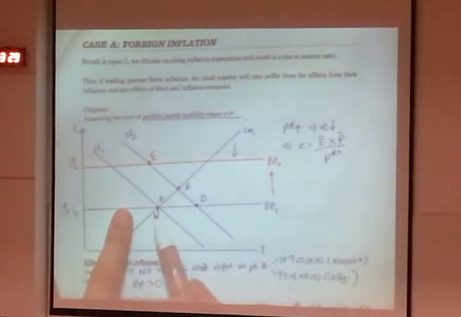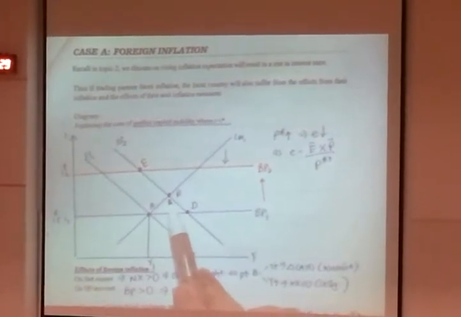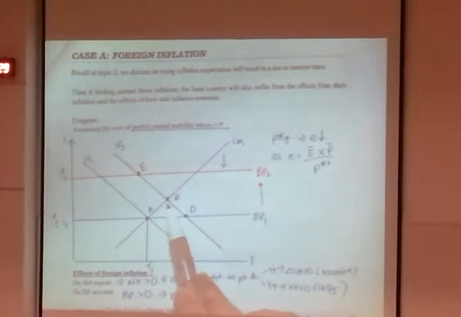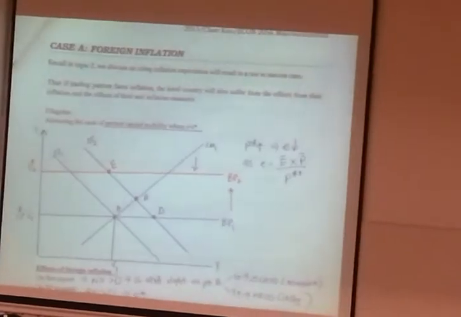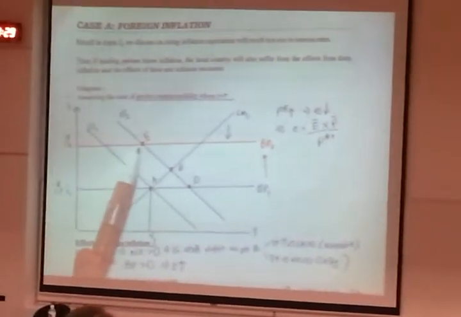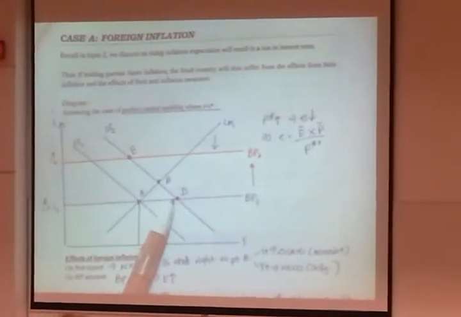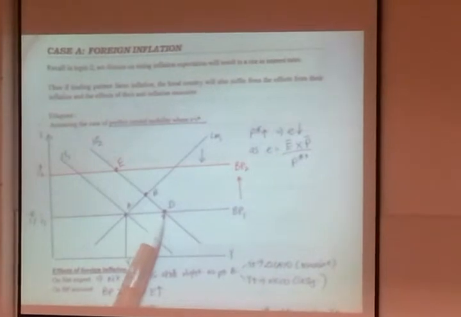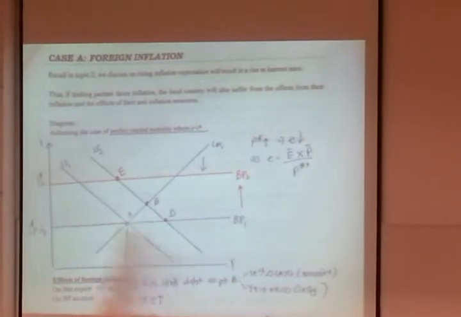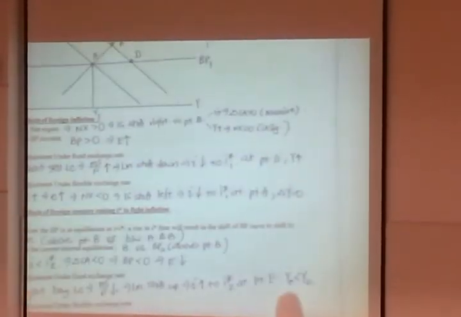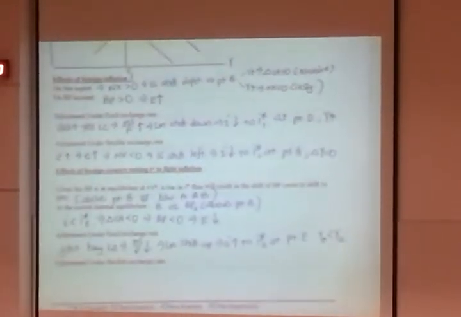I don't compare to A at all, compare to B. Previously, if they didn't raise their interest rate, you go to B. Now they raise their interest rate, you go to E. So income at point E is lesser than income at point B. So just now you said you benefited from that inflation, but now you don't. You don't necessarily benefit. So income at point E is lesser than income at point B.